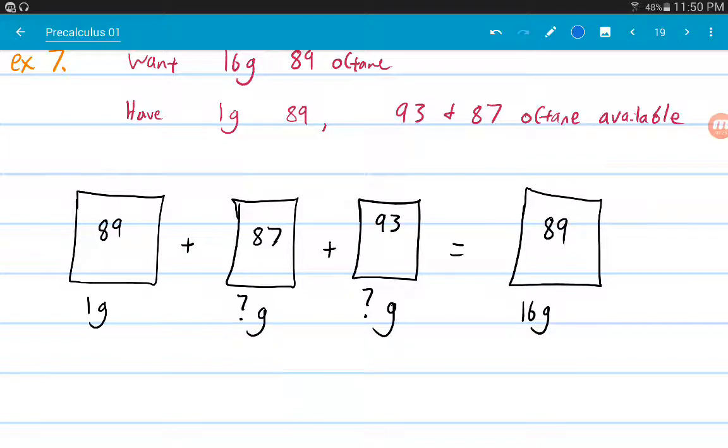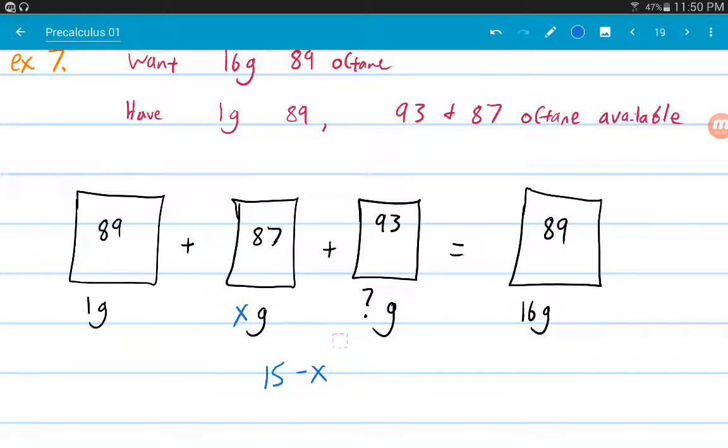If I want to know how many gallons of 87, I could always make this X gallons. But then, don't forget, these two need to add up to 15. So if I had 15 gallons between the two of these, minus how many gallons I have here, that'll tell me how many I have left.